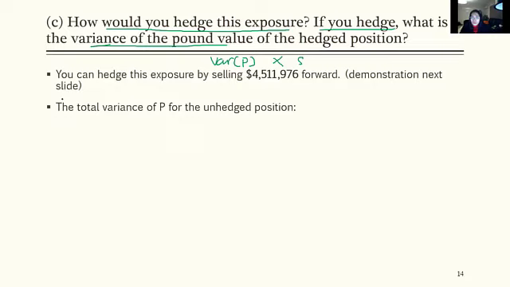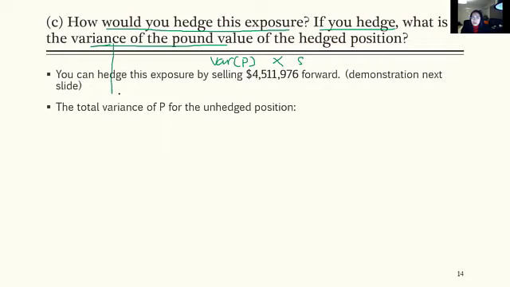So to compute the variance of the hedged position, remember with the hedged position, we have eliminated exchange rate risk exposure. So the variance of the hedged position would therefore be the total variance of the position minus the variance that is explained by exchange rate risk, okay?